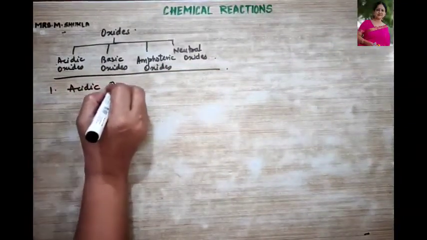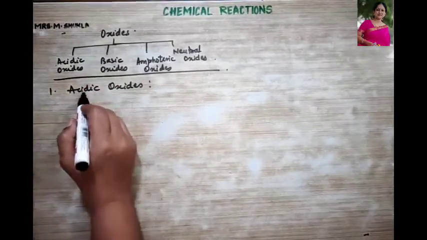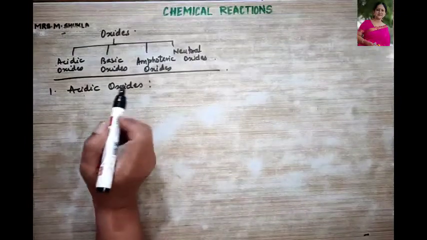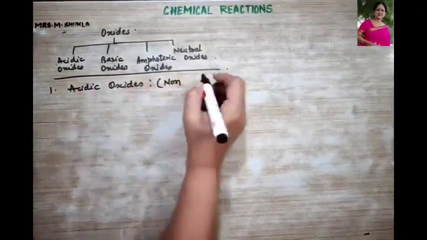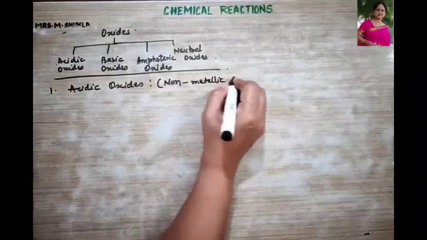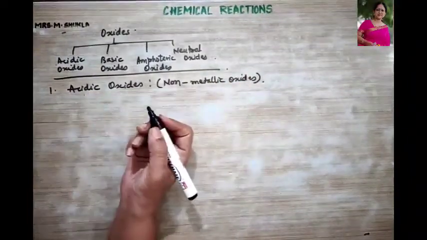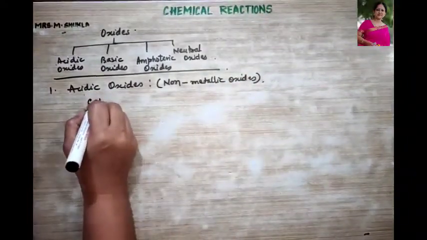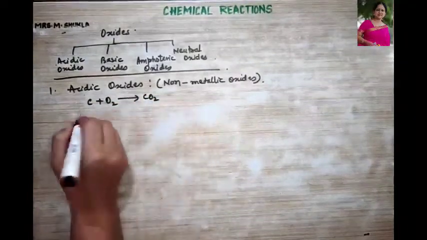What are acidic oxides? When non-metals combine with oxygen, they form non-metallic oxides, and non-metallic oxides are termed as your acidic oxides. For example, carbon when combines with oxygen will form carbon dioxide.